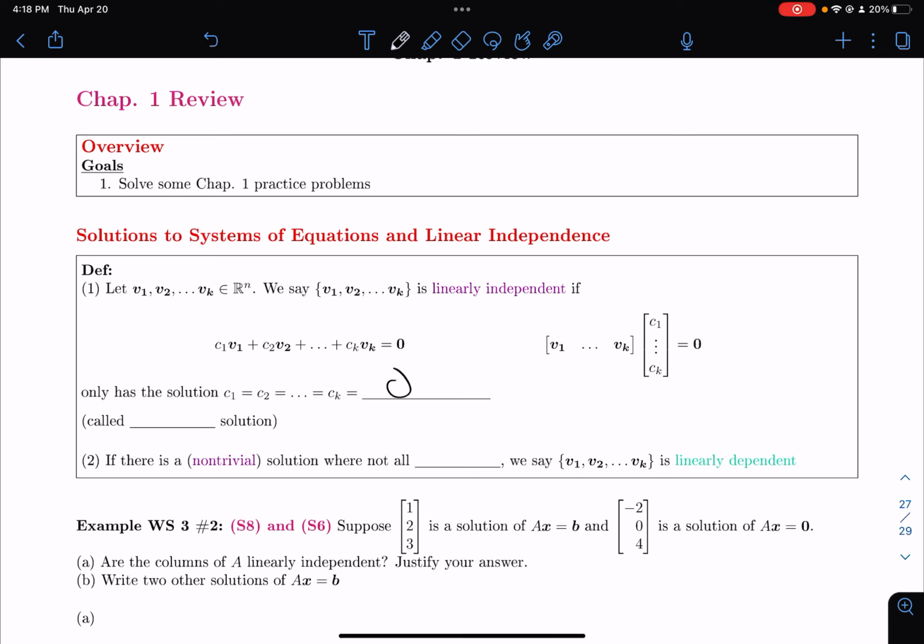Because that's clearly one of the answers. If I plug in 0 for all of these weights, that's clearly going to make it equal to 0. But if that's the only solution, then we say the vectors are linearly independent.